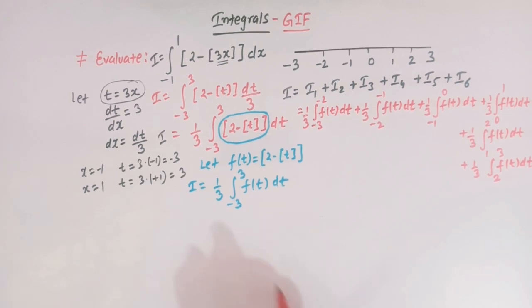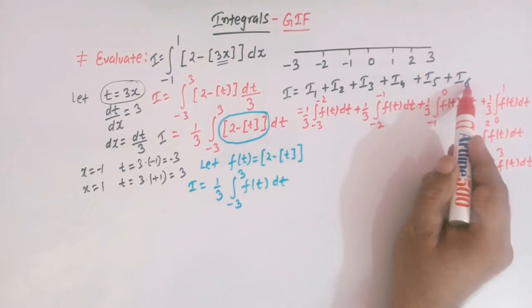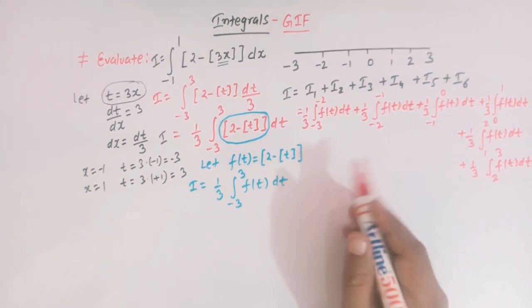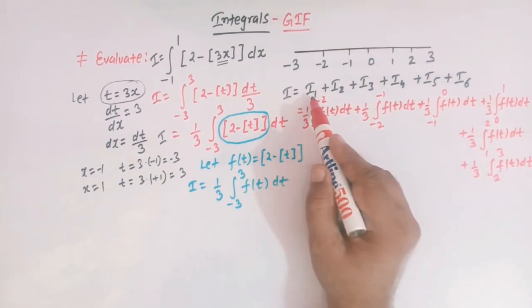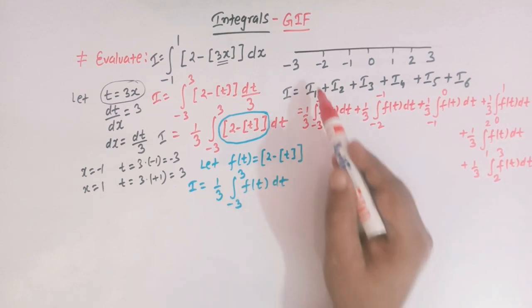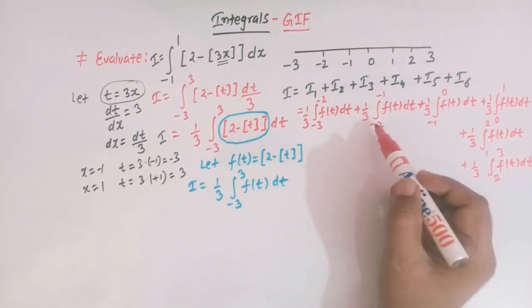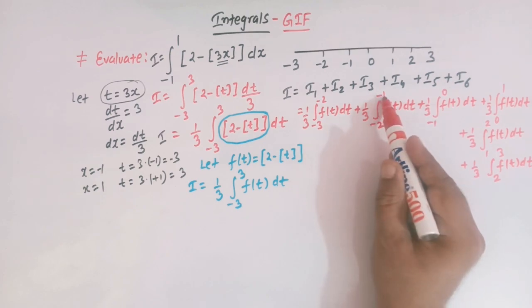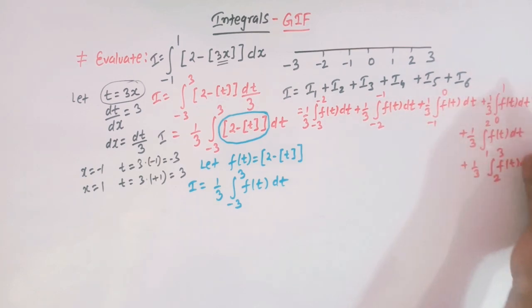Once we have written I in this form, we can write I as the sum of these 6 integrals. In order to save time, I have written the integrals directly. So I1 is from -3 to -2, I2 is from -2 to -1, I3 is from -1 to 0, and so on.